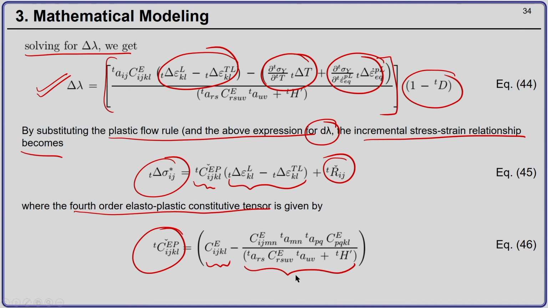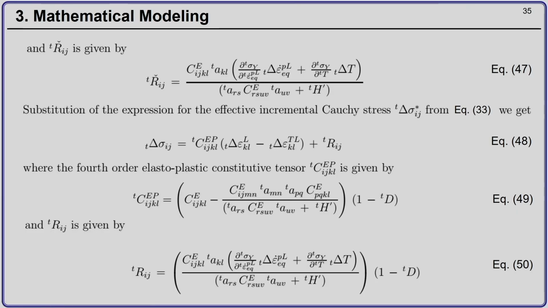Okay. So, here this H dash will be computed from the yield value, and R hat is what couples the plasticity with the temperature. R hat is given by the following relation.